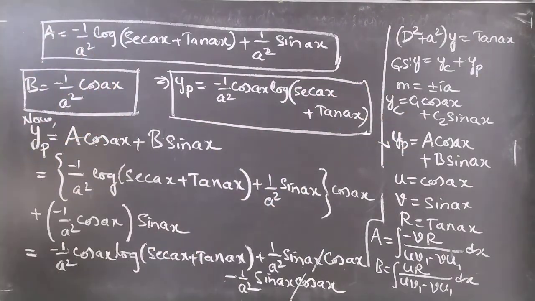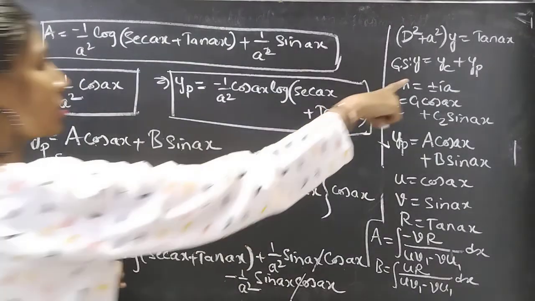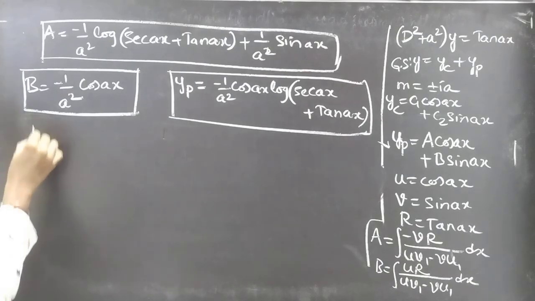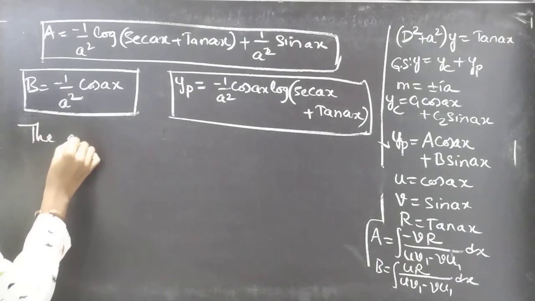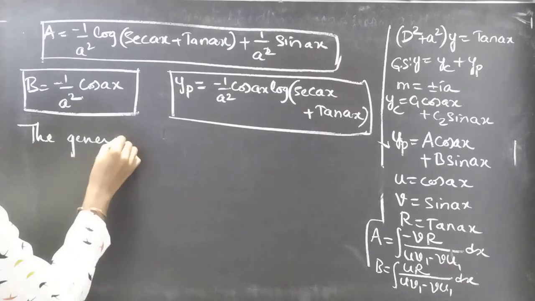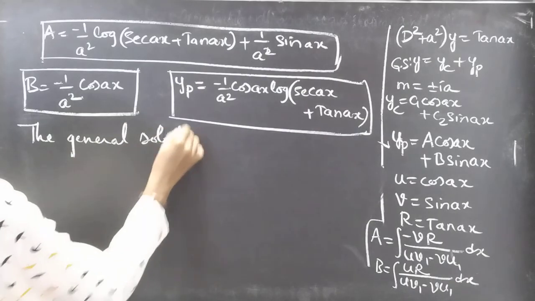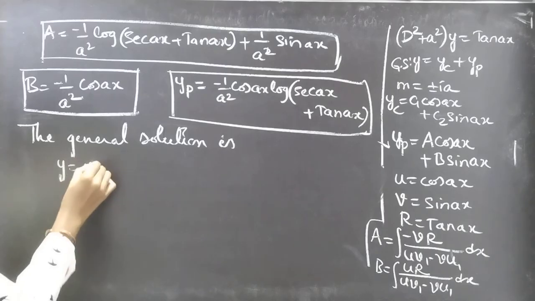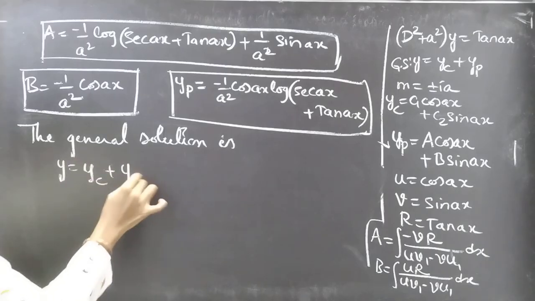also yc. Now let's write the general solution, which is given by y equal to yc plus yp.